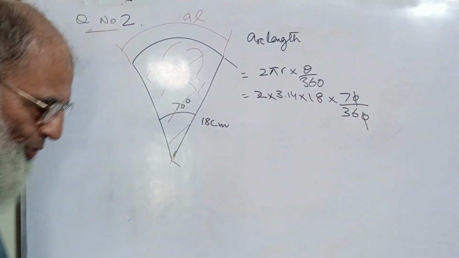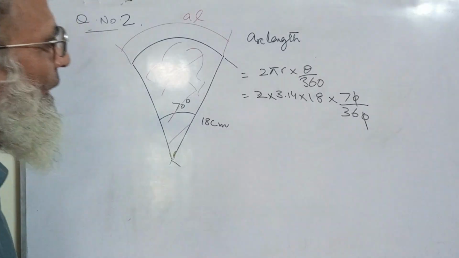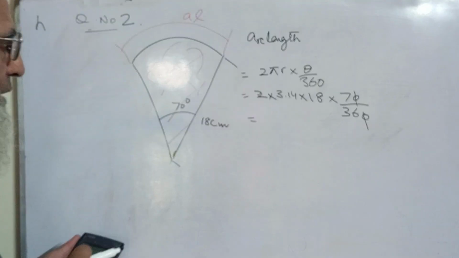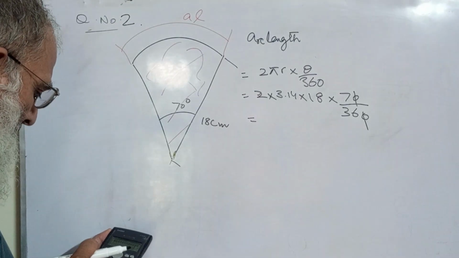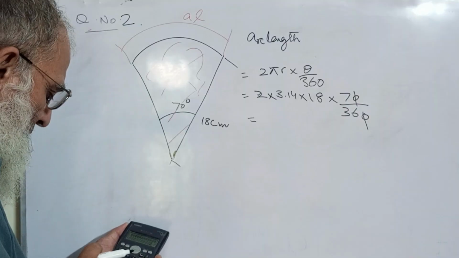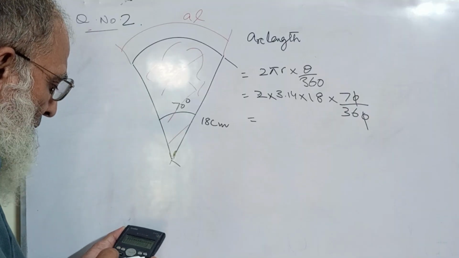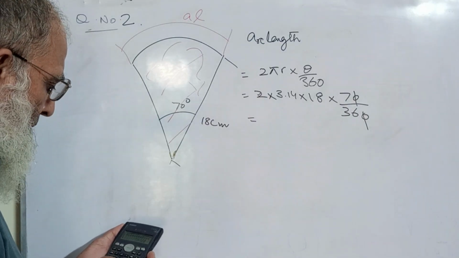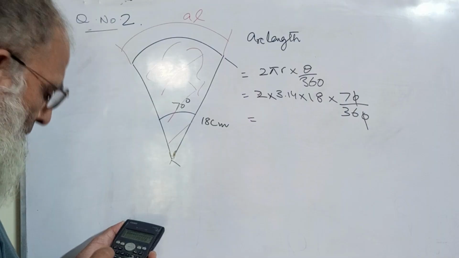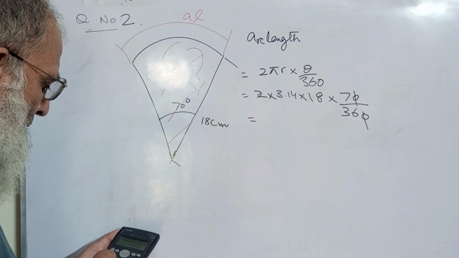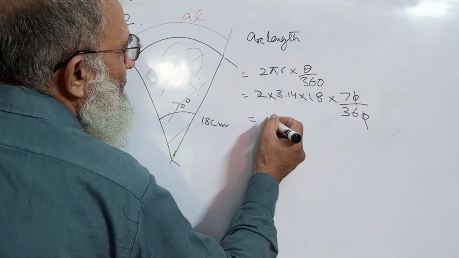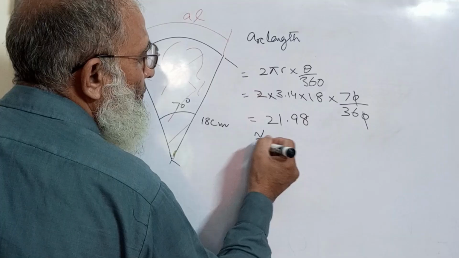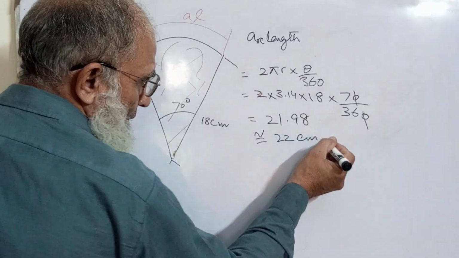So this 0 goes with this one, and the rest should be calculated with a calculator. 6.28 multiplied by 18 multiplied by 7, and it will be divided by 36. Now it will become 21.98, or nearly equal to 22 centimeters.